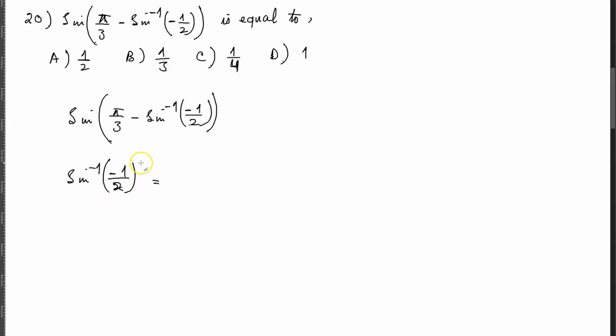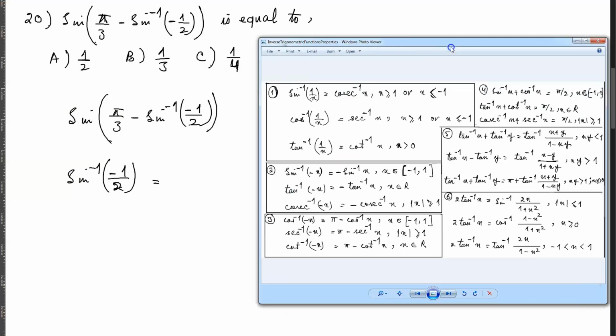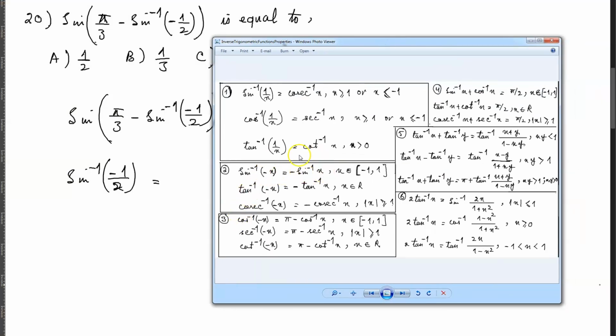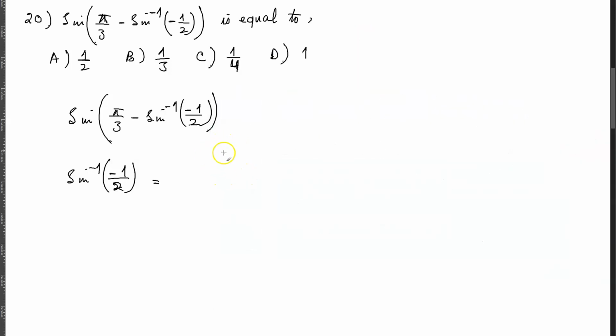First of all, we know that the sine inverse of negative x is equal to negative sine inverse of x, for x belonging to the closed interval negative 1 to 1.